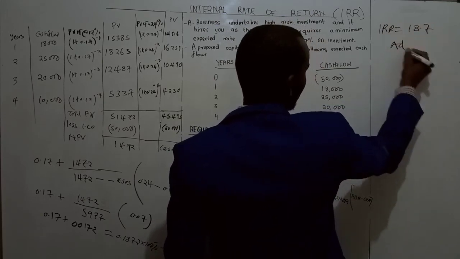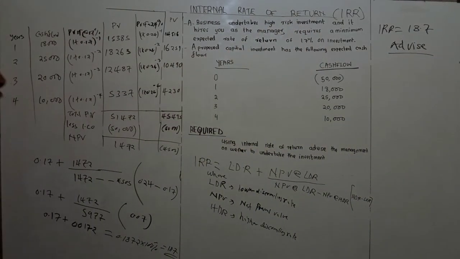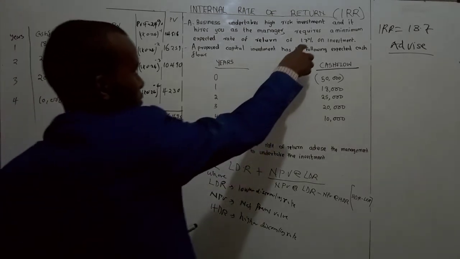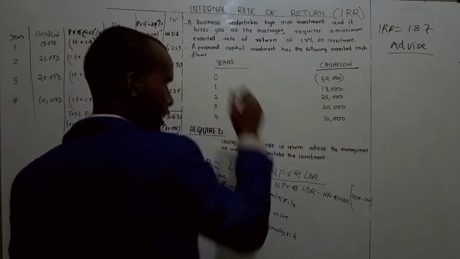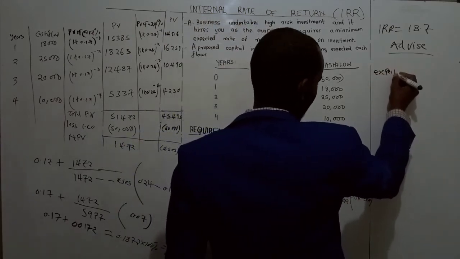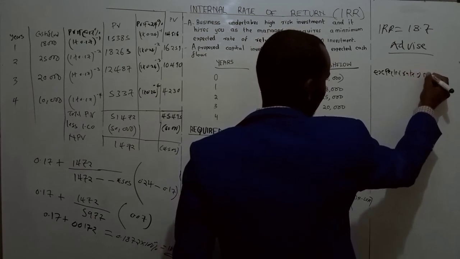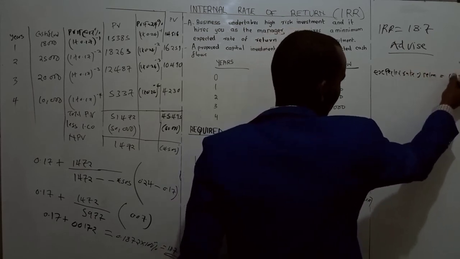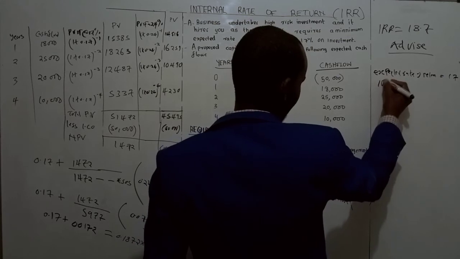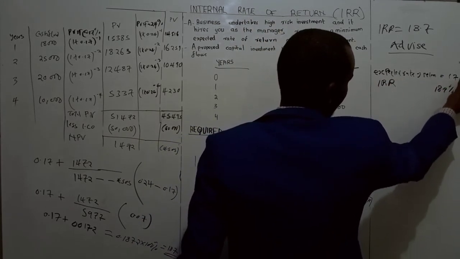Now we are told we need to advise. For us to advise, we compare. Remember our expected rate of return was 17%, and our IRR is 18.7%.